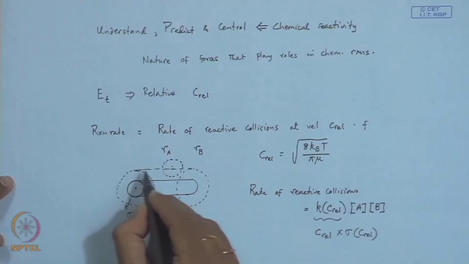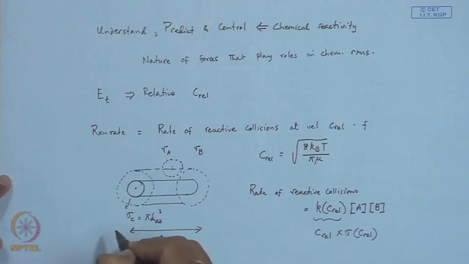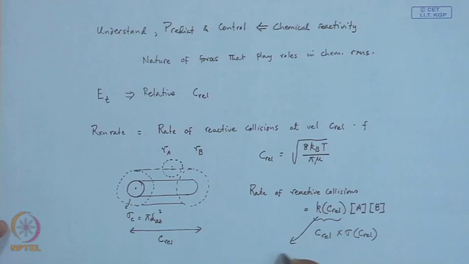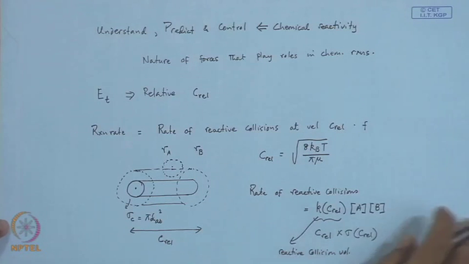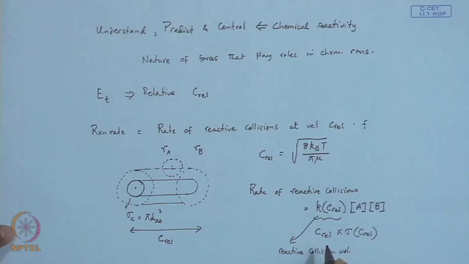This corresponds to the reactive collision volume, where this is the collision cross section characterized by C relative.